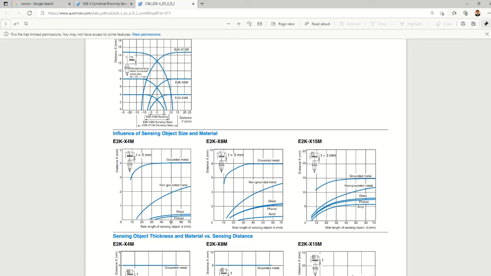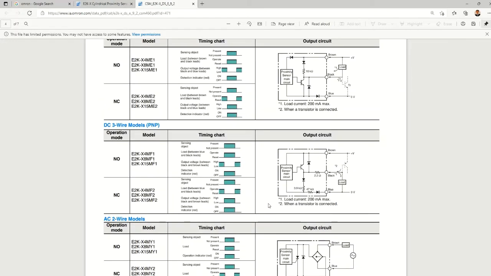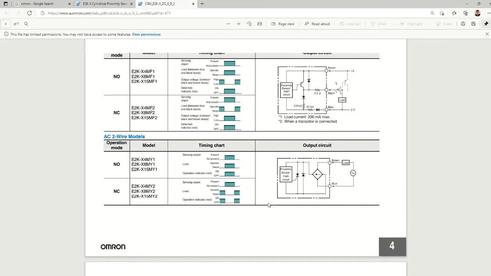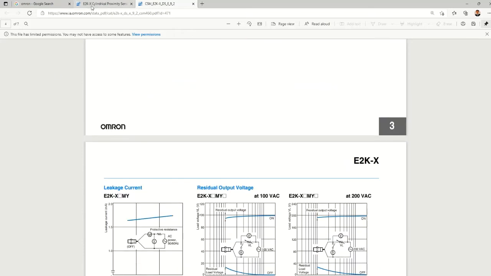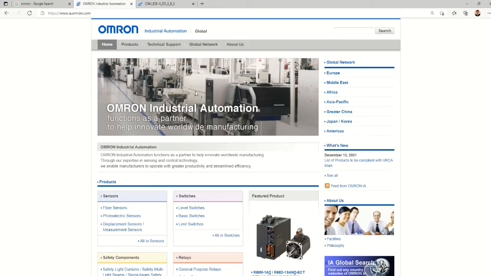So depending on the object size also it changes. So side length of the sensing object they are given, and the distance up to which it can sense. And you could see the grounded metal, then non-grounded metal, glass, phenol. So these different types of materials which the sensor can sense, that has also been mentioned over here. So you can read the graphs, and on the basis of that you can select the proper sensor, right?